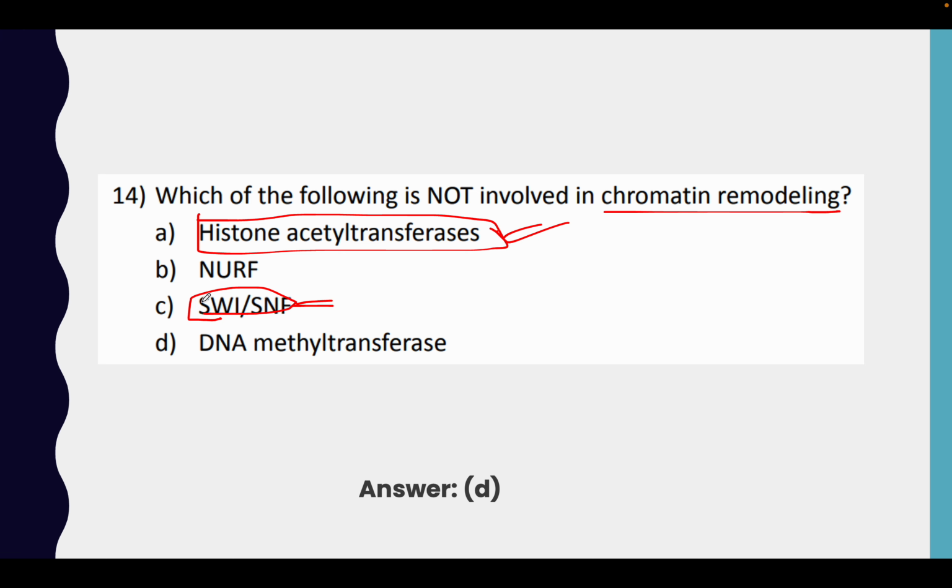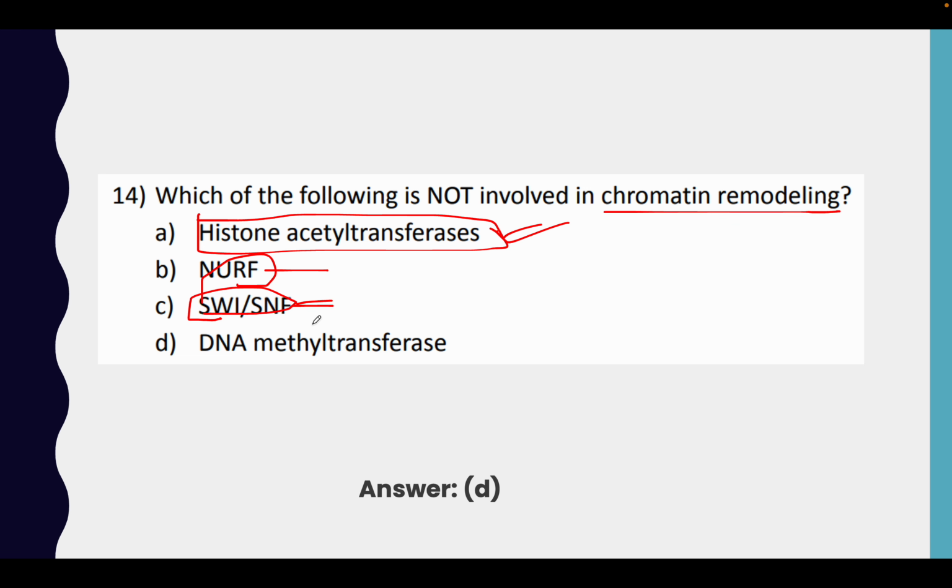Now talking about NURF. It is nucleosome remodeling factor. Okay. It is a protein complex that plays a crucial role in altering chromatin structure by sliding nucleosomes along the DNA strand, thus regulating gene expression. Similar to SWI SNF, it is also a protein complex.